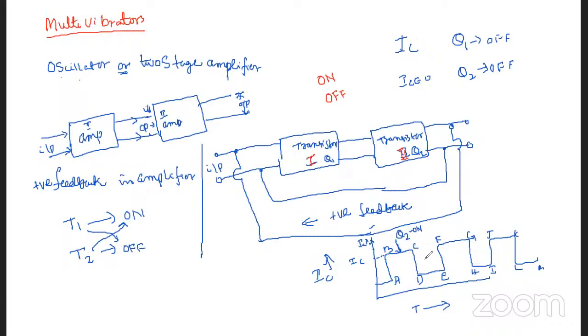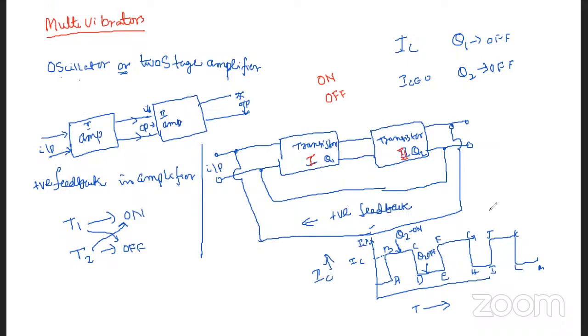Next, Q2 is off, and the current IC will flow through Q1 for a period, during which Q1 remains on. After this period, Q2 becomes on and Q1 will be off. In this way the process continues, producing a square wave output as shown in this figure, which can be obtained across the transistors Q1 and Q2.